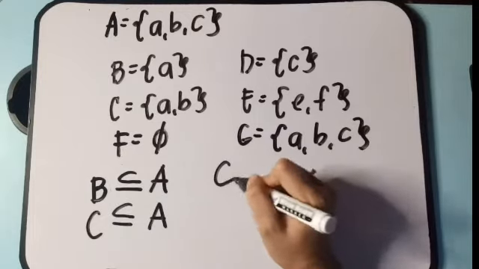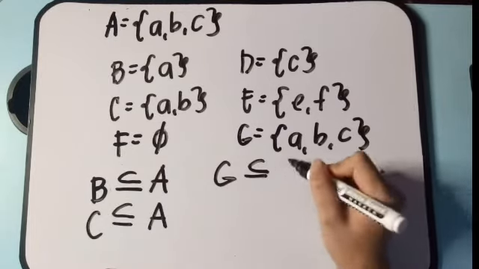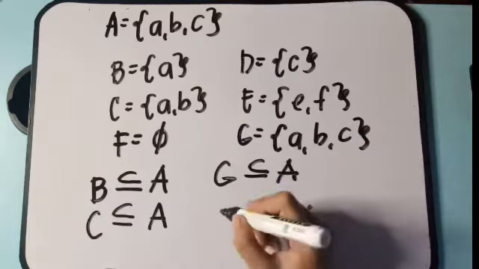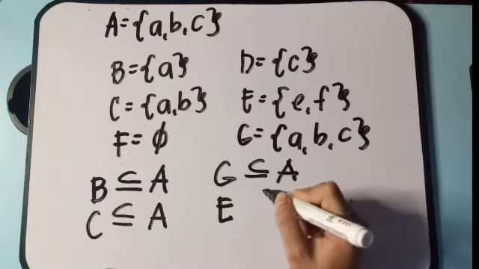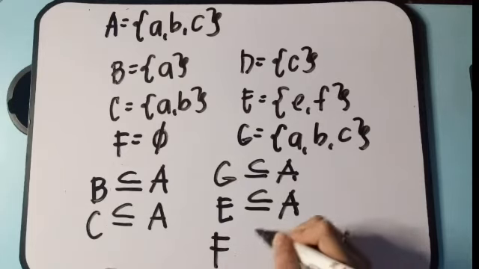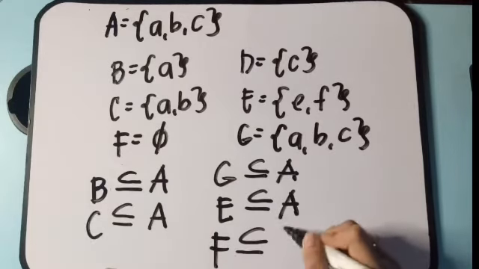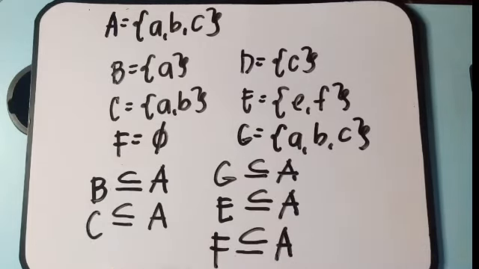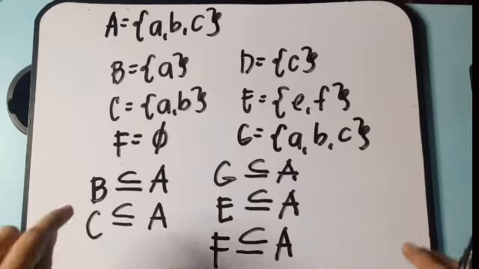Or do you think G is a subset of A? Or do you think E is a subset of A? Or F is a subset of A? Tignan natin. Again, kapag subset, A is a subset of B if the elements of A is part of the elements of B.